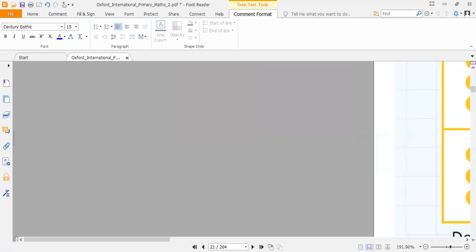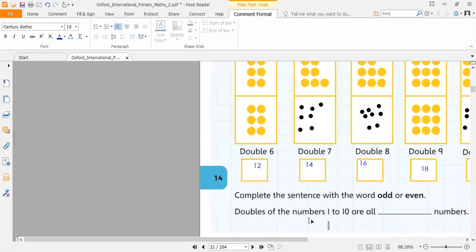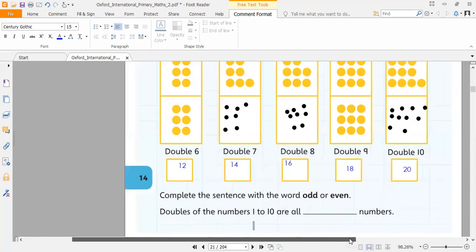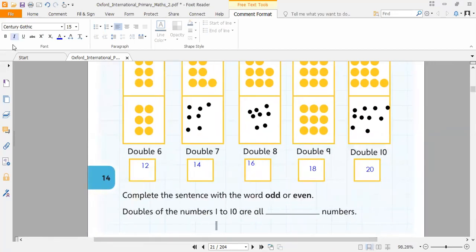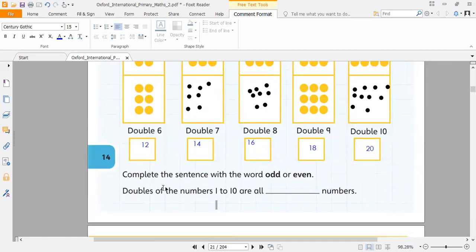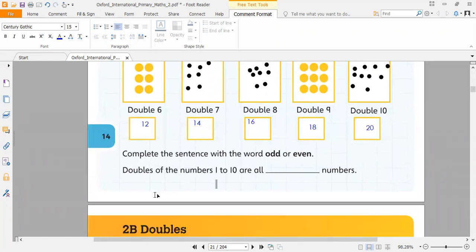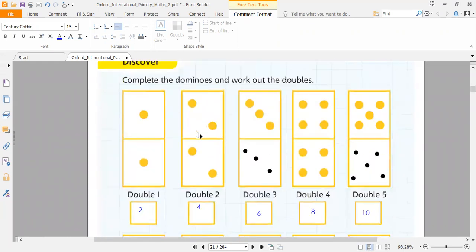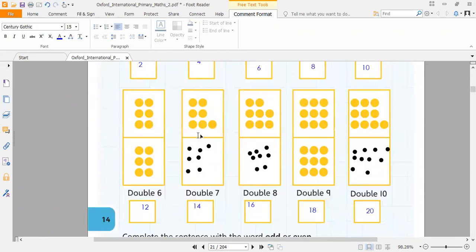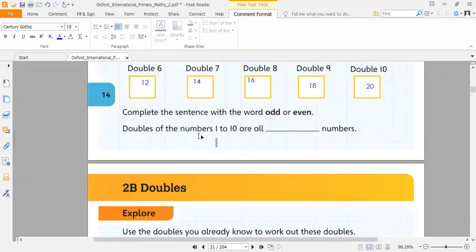Double of the numbers 1 to 10 are all how many numbers?